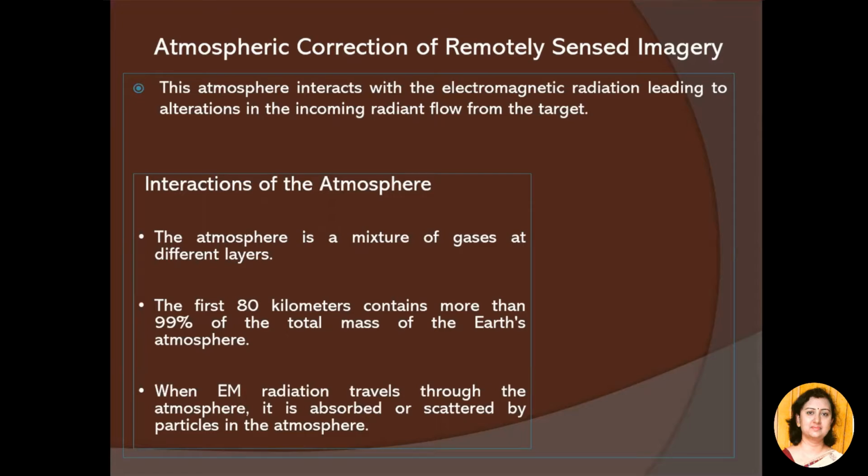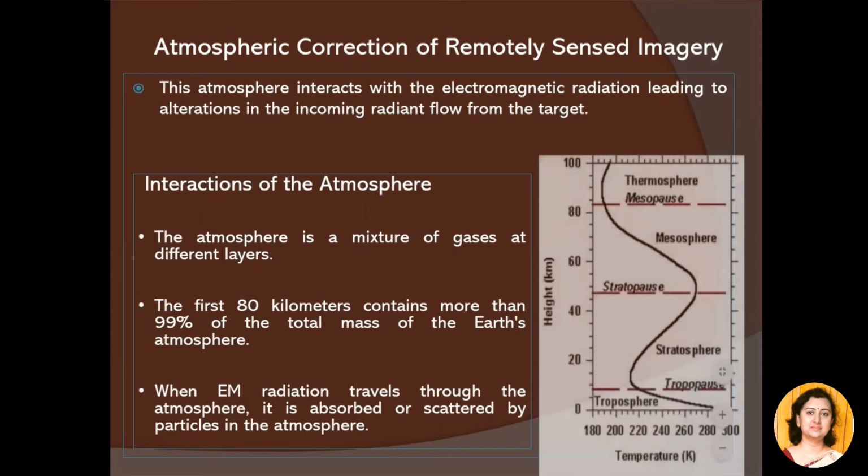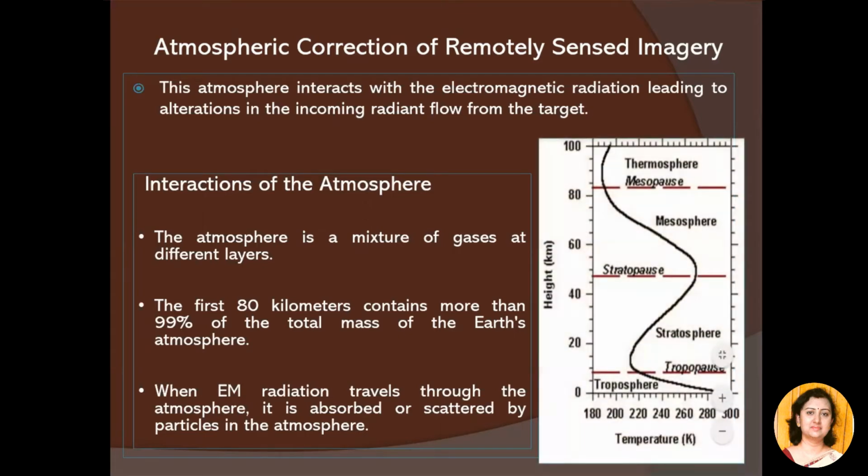When an image is acquired, the mechanism of acquisition of this radiation is not ideal, because there is the presence of an extremely dynamic medium, that is the atmosphere, in between the sensor and the Earth's surface.